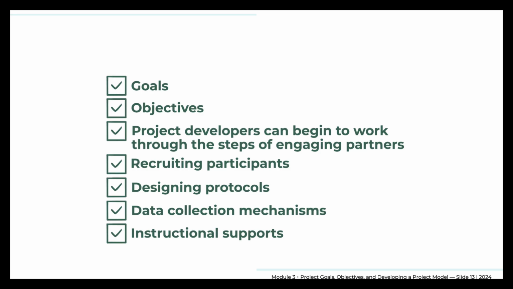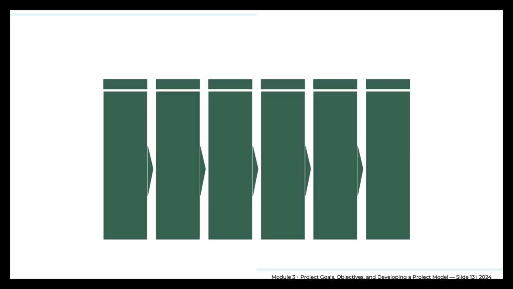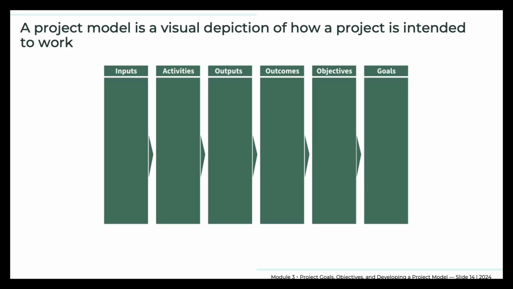But first, to aid in project design and development, some projects develop a project model. A project model is a visual depiction of how a project is intended to work. Project models link goals and objectives to the project inputs, which are the resources available to develop the project, and to the activities that will be required to achieve the project objectives.